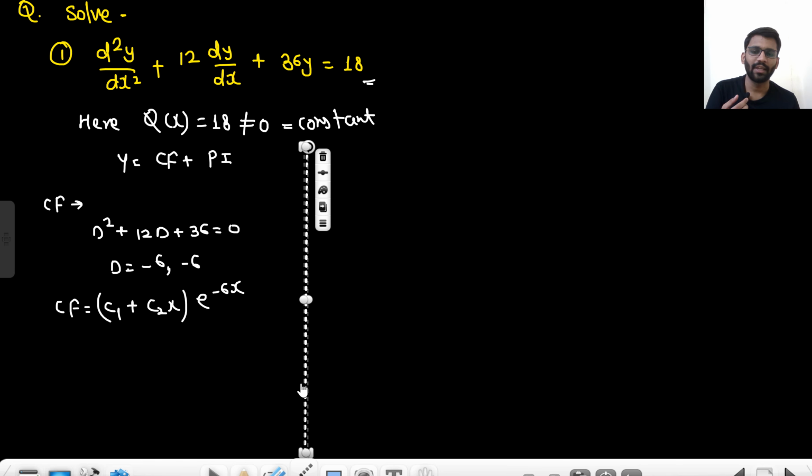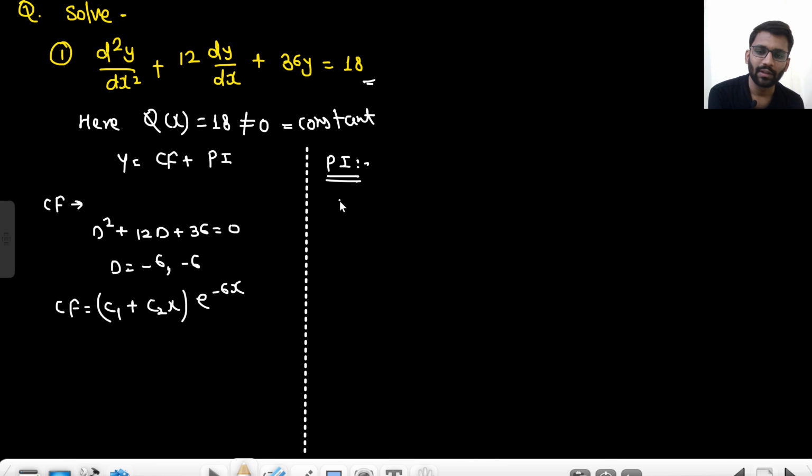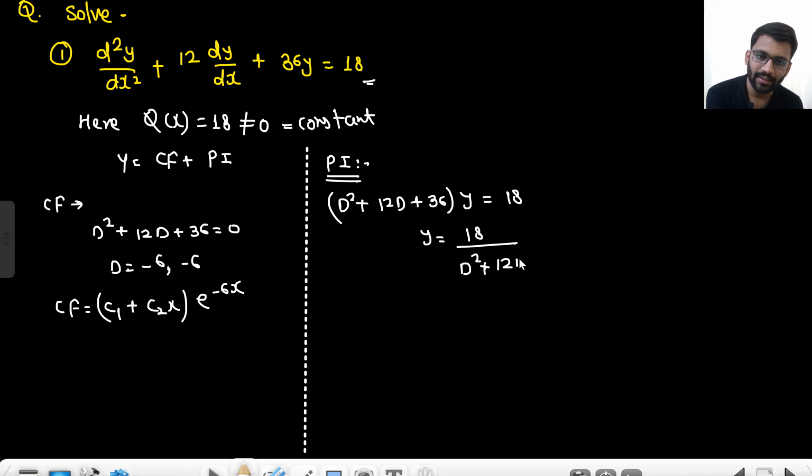Now how to find PI? For PI, what we need to do? D square plus 12D plus 36 into y equals 18, so y equals 18 by D square plus 12D plus 36.